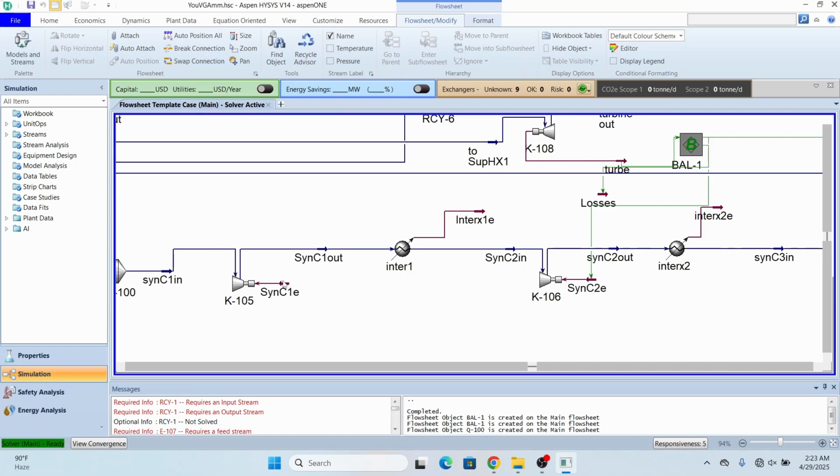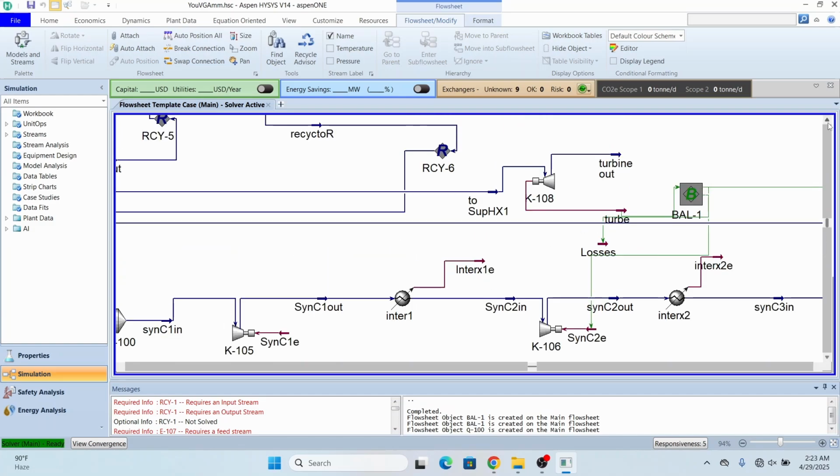So for this you have to apply a new steam turbine, or you can also use motors for their generation, but you cannot generate this power from this effluent stream of the reactor.